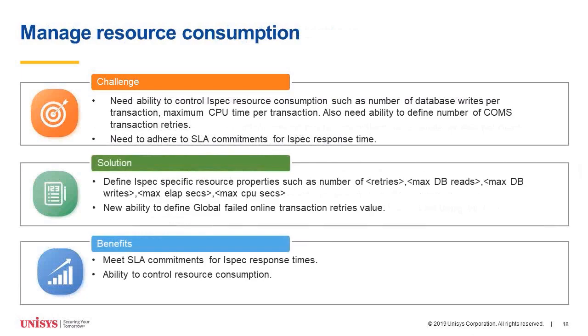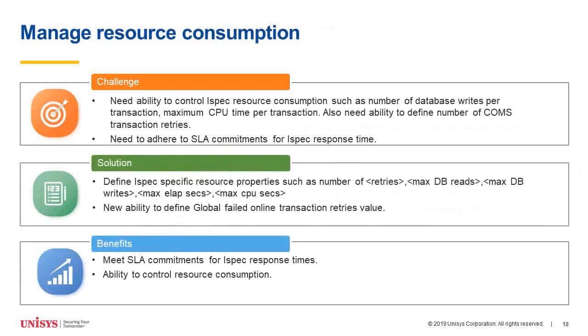The other feature that we have to better the runtime management is the ability to manage resource consumption. Clients need to control the ISPEC resource consumption. It could be the database writes per transaction or the maximum CPU time per transaction. They also need the ability to define the number of comms transaction retries. With the new features in this release, they can specify limits on the processor consumption or the database reads for an ISPEC.